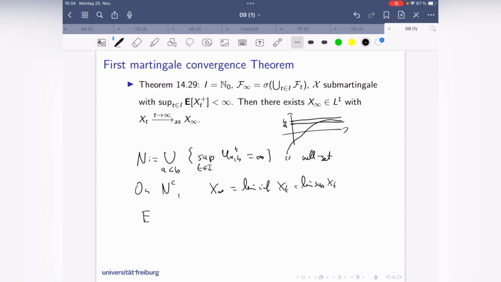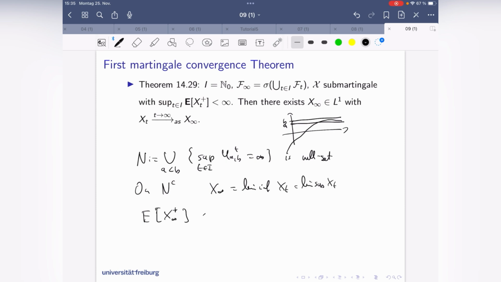The expectation of x infinity plus. Yeah, so at time infinity, what's the positive part of x infinity?